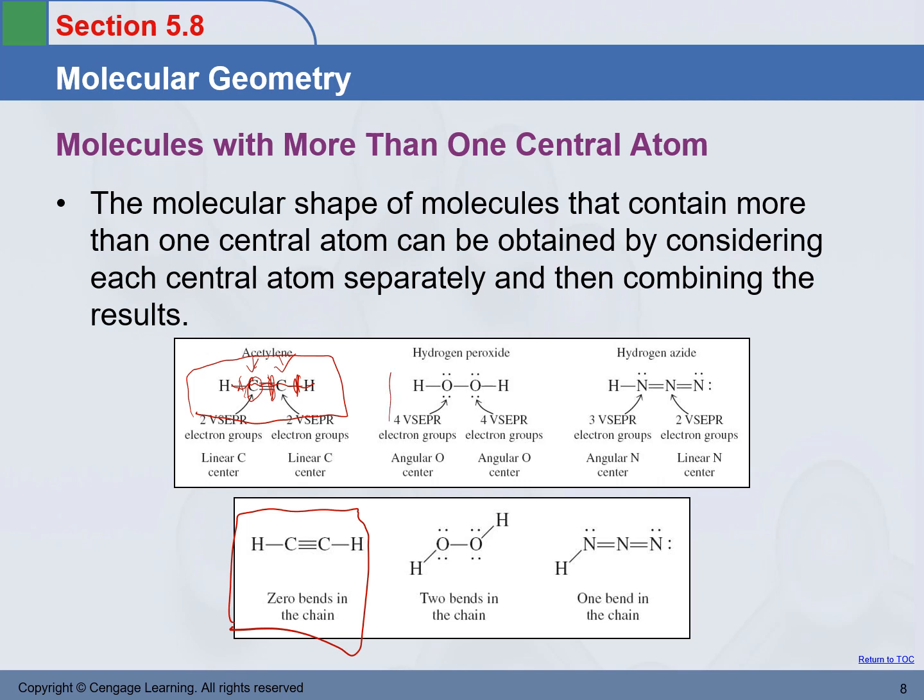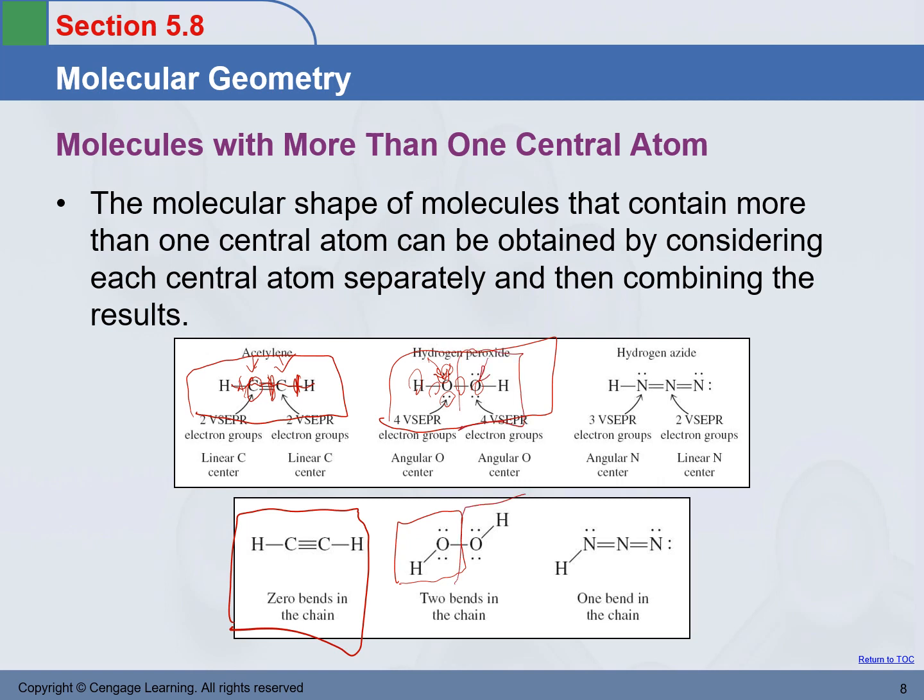All right, the next one, hydrogen peroxide. The first center atom, oxygen, has 1, 2, 3, 4 groups of electrons. The electron group arrangement is tetrahedral, but only 2 are connected to other atoms: one is hydrogen here, one is oxygen here. So around this center atom, the shape will be angular. The same is true for the other center atom, oxygen.